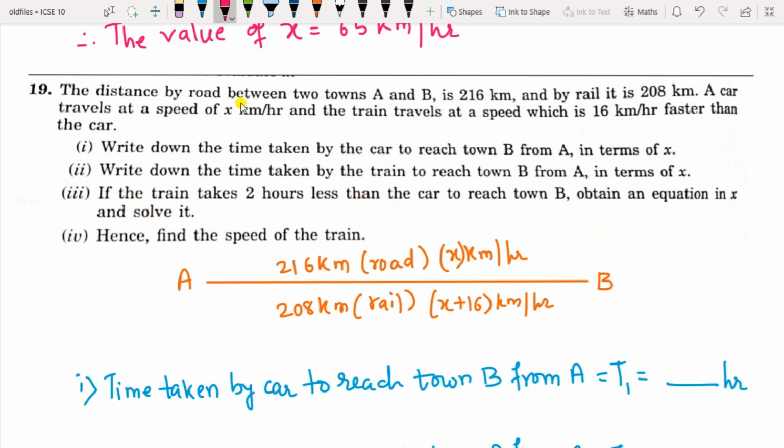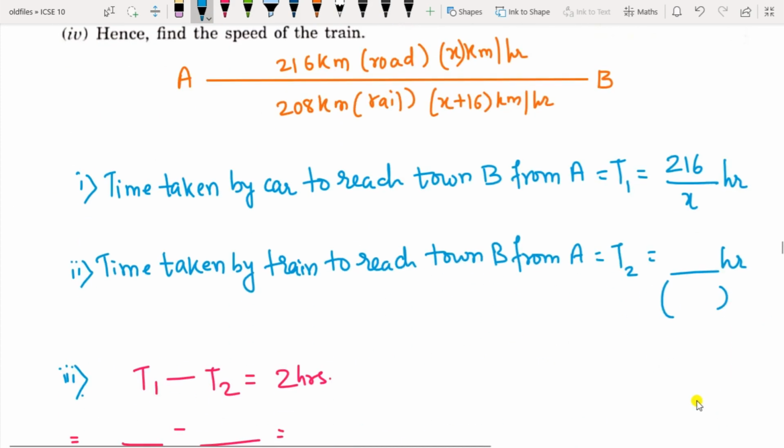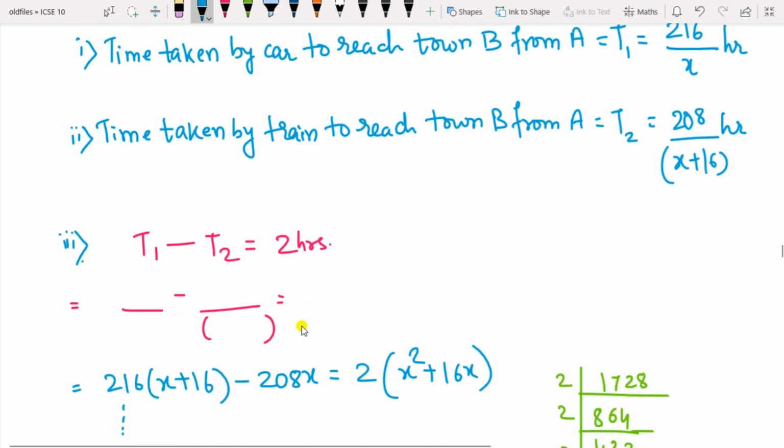Okay, so your value for T1 here is 216 by x for T1, distance upon speed, and here it is 208 upon x plus 16, that is for T2, by rail. So for the car it is taking 2 hours more.